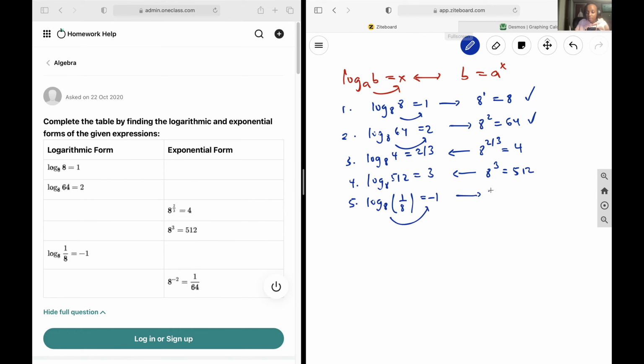Imagine the hat again. 8 to the negative 1 is equal to 1 over 8. Next, we're going in the opposite direction. 8 to the negative 2 is equal to 1 over 64. Then this would just become log 8 of 1 over 64 is equal to negative 2. Now if you imagine the hat, it all makes sense. And then they're going to be your final answer. All of these statements should be true, and they are, if you just plug them into your calculator.